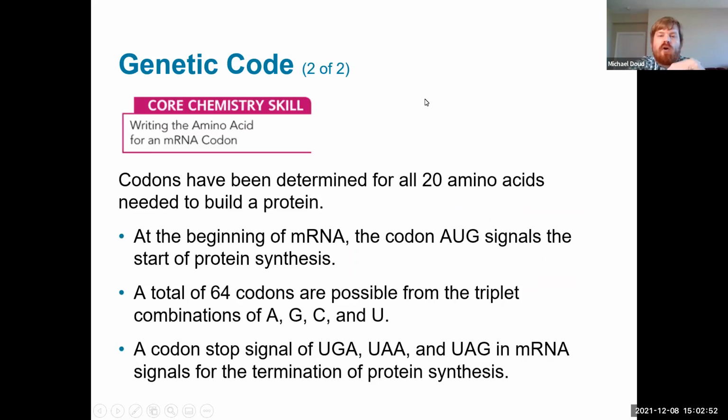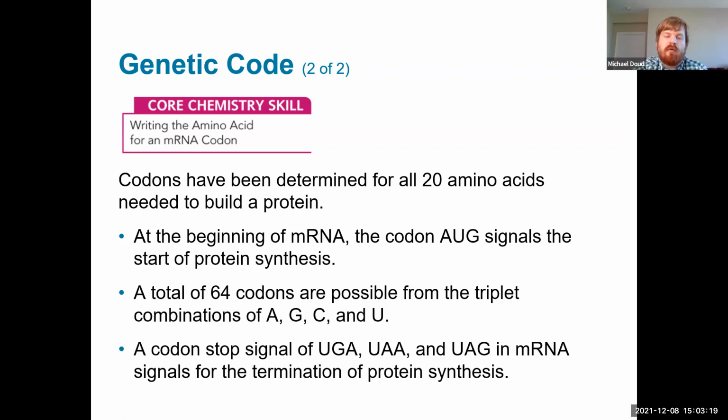So there's codons for all 20 amino acids, and there's also a start and a termination codon. At the beginning of any mRNA, the codon AUG signals the beginning of protein synthesis. So AUG is your start codon. And there's 64 codons possible total from A, G, C, and U. Imagine it's just 4 times 4 times 4.